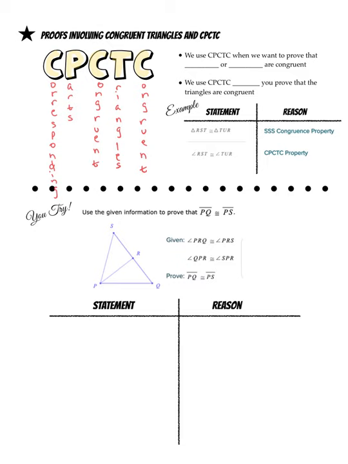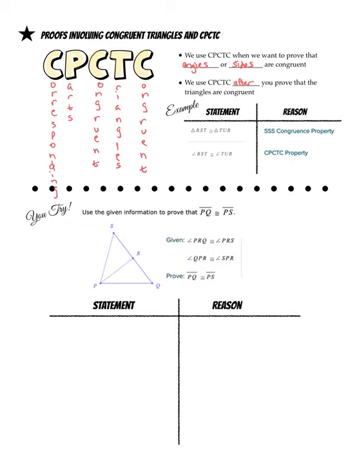When we use CPCTC, we want to prove that angles or sides are congruent. We use CPCTC after you prove the triangles are congruent.